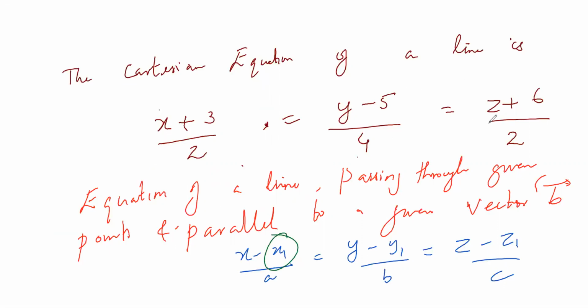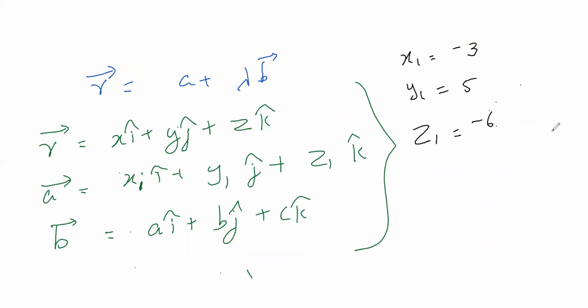Why did I write minus 6? Because if I write plus 6, it will become z − 6. Only if I write minus 6 do I get z + 6. So x1, y1, z1 values are done.